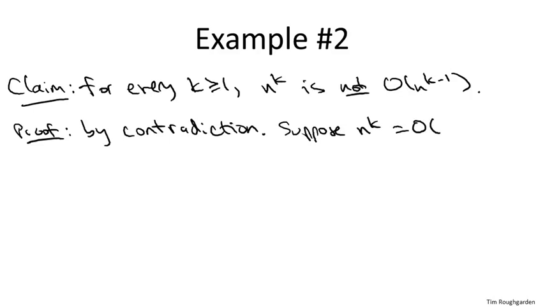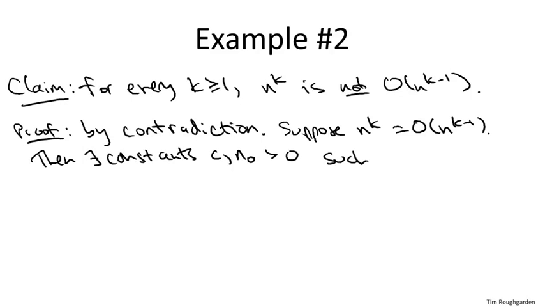Well, we just refer to the definition of big O notation. If in fact n^k hypothetically were big O of n^(k-1), then by definition there would be two constants, a winning strategy if you like, c and n naught, such that for all sufficiently large n we have a constant multiple c times n^(k-1) upper bounding n^k.